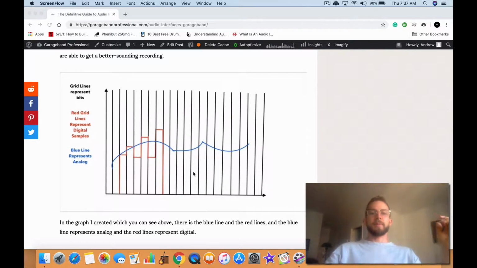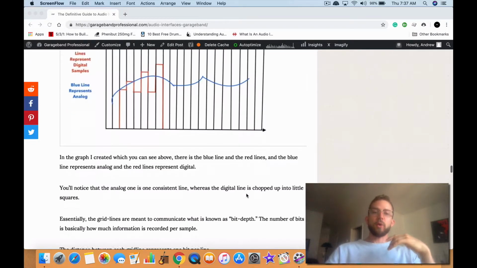The higher the digital recording, the less chopped up that sound wave is into packages, from what I understand. So the higher the bit depth, the more information is being stored in each one. Because of that, the actual sound wave is more smooth. You know what I mean? I hope that was helpful to you.